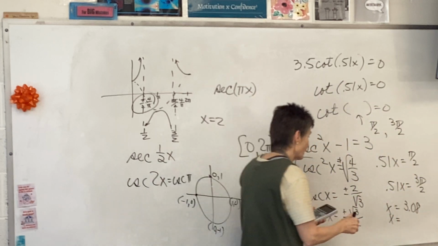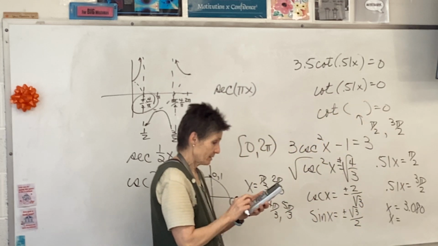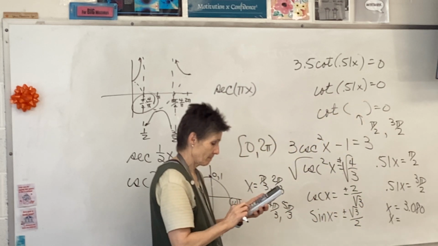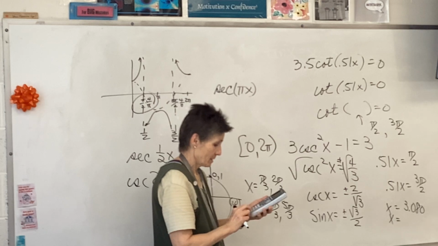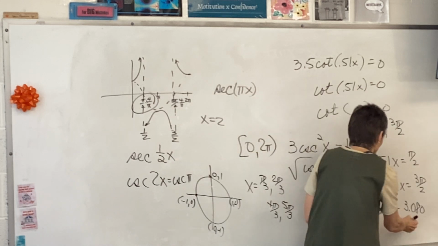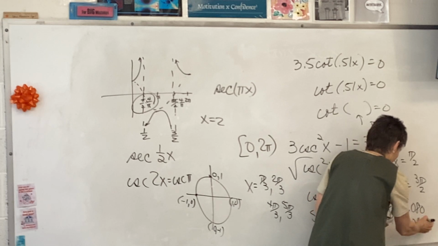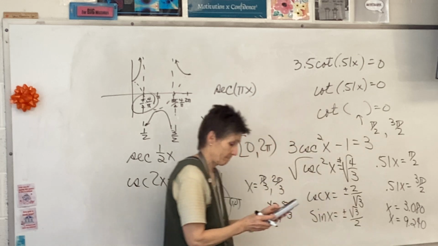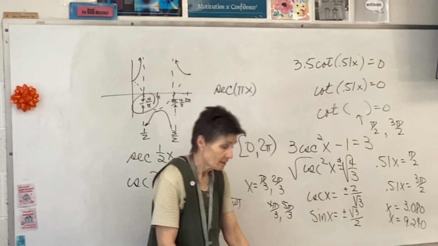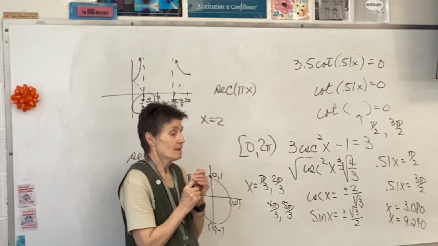And I'm supposed to always round to the thousandth, so I'll just stick a 0 in there. And then the other one is 9.24. Okay, is everybody good at this point? We're not quite done.